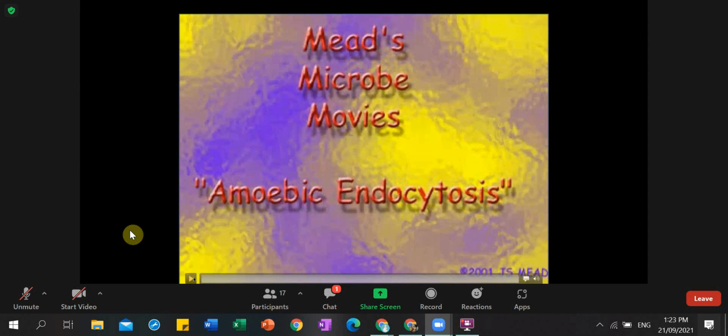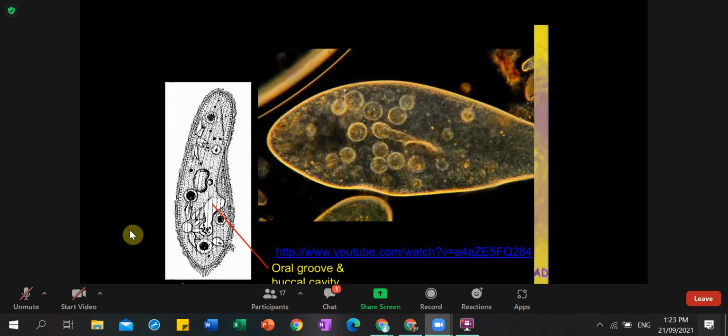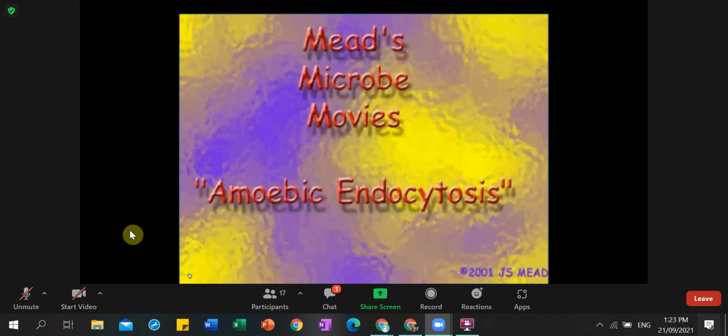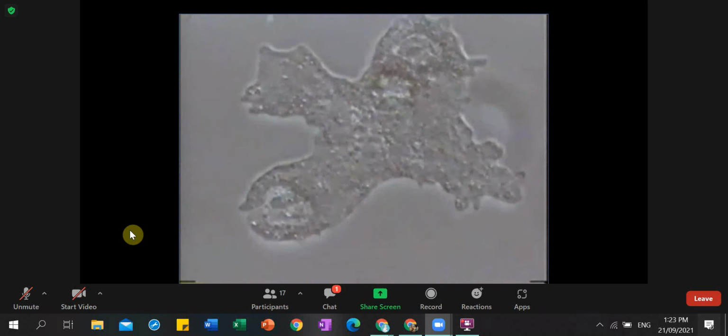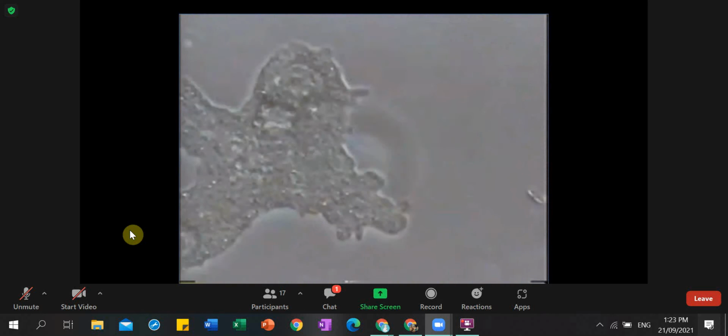Now we'll look at another group of organisms. If you remember the amoeba, right? Amoeba we showed last week. So this is an amoeba, right?